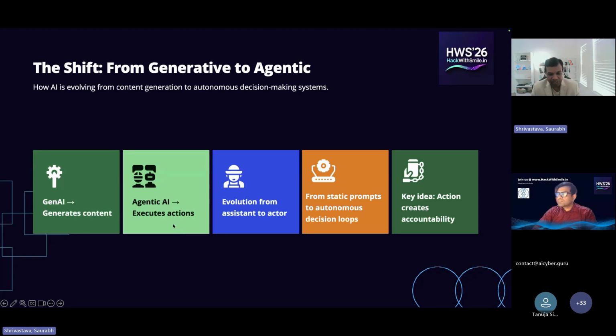Then we talked about agentic AI, where we apply automation and are executing the task. So agentic AI is executing the task and action. Take a simple example. If I want to write an email using GenAI, I also want to send that email automatically, right? If I create an AI agent and provide it access, it can go and send it.